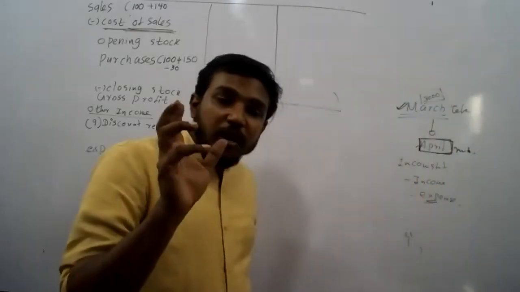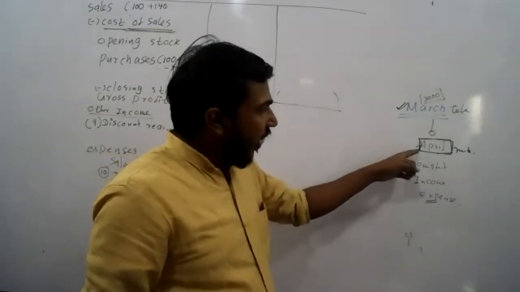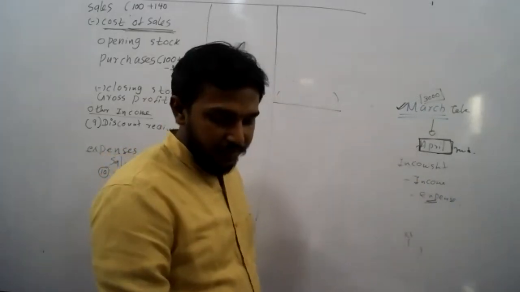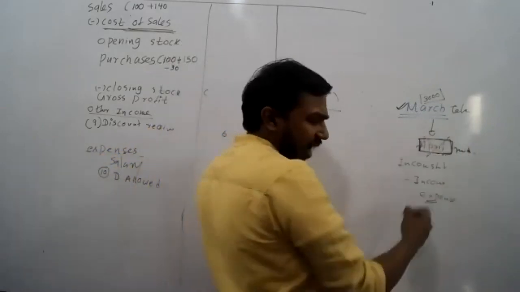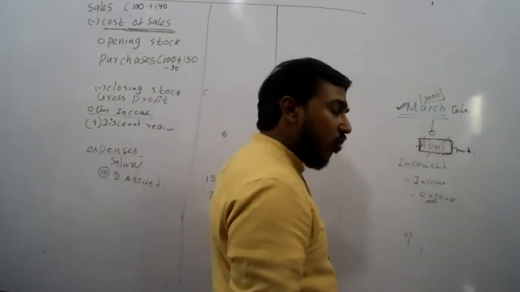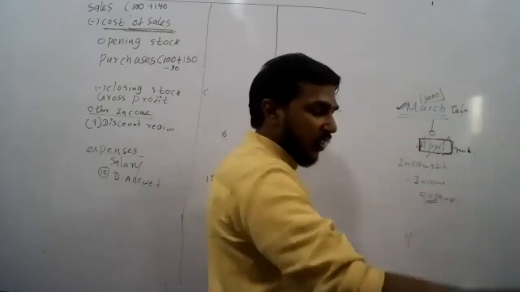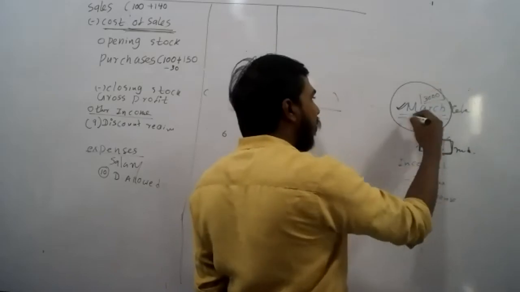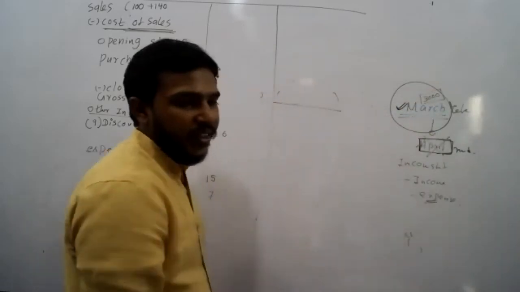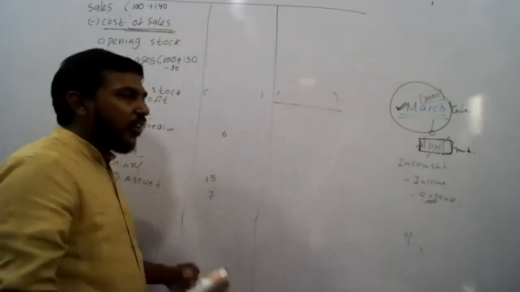So you have to consider that you received in April doesn't matter. In accounting, we don't care when we receive it. We consider for which month this is relevant. For which month is this relevant? This is relevant for the month of March.